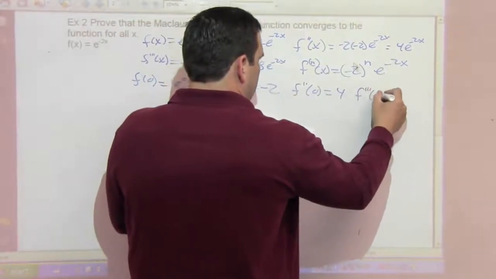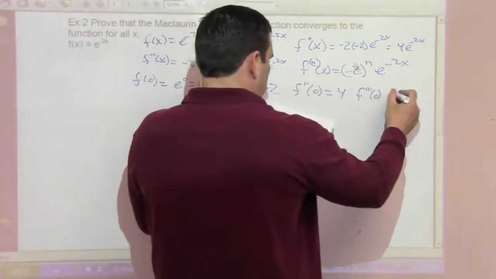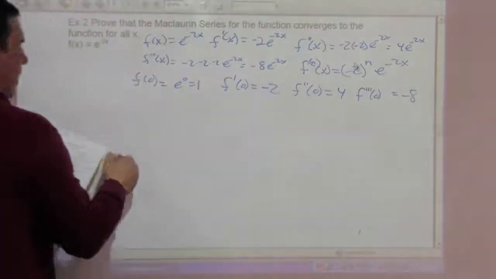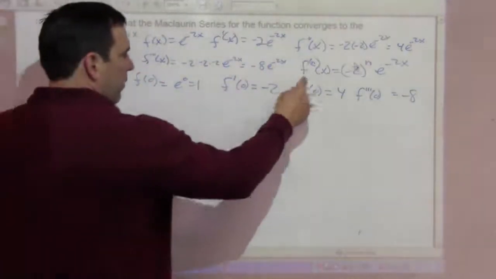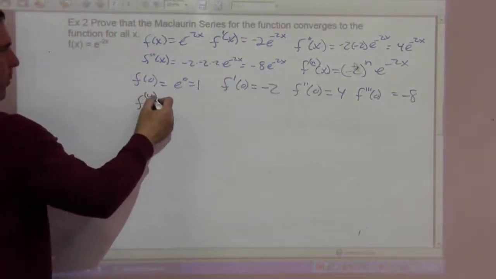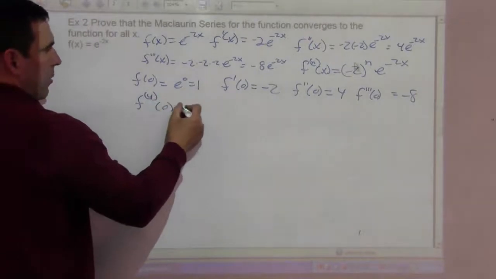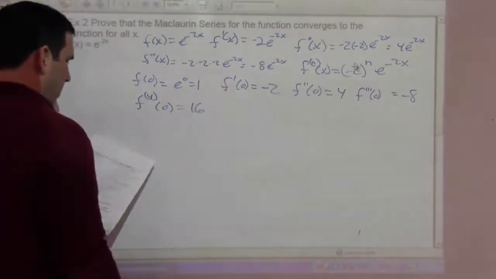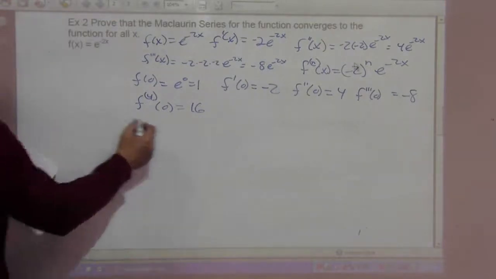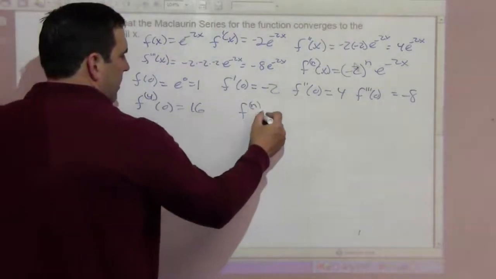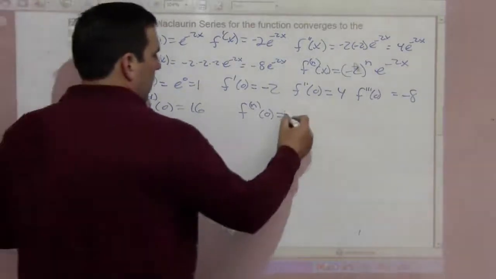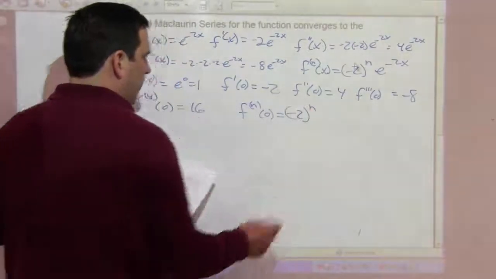F triple prime of 0 is going to be negative 8. Seeing the pattern, 1, negative 2, 4, negative 8, we're multiplying by negative 2 every time. So the fourth derivative at 0 would have to be 16, and so on. So the nth derivative at 0 is going to be negative 2 to the n power.